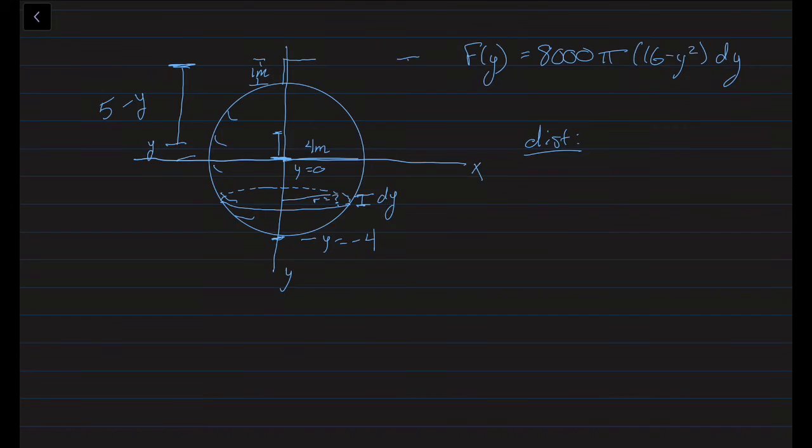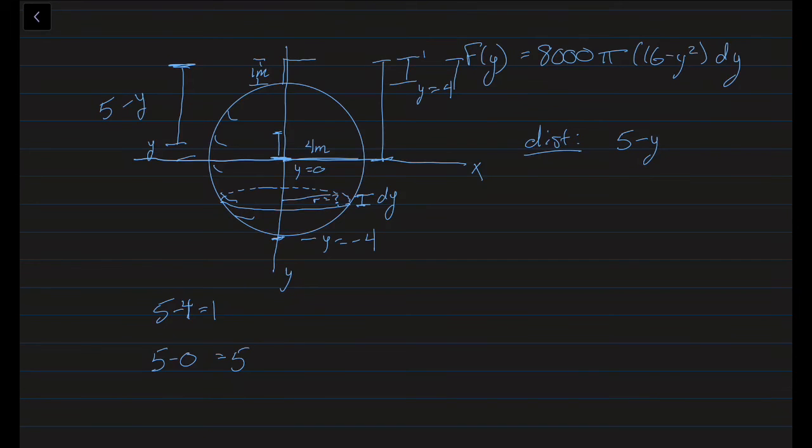And we can check this by saying the distance between the ground and the top, which would correspond to y equals 4, is going to have a distance of 1. So 5 minus 4 is equal to 1. And then at the origin, y is equal to 0, and there's a 5-meter gap between the height of the fluid, or the ground, and the origin.